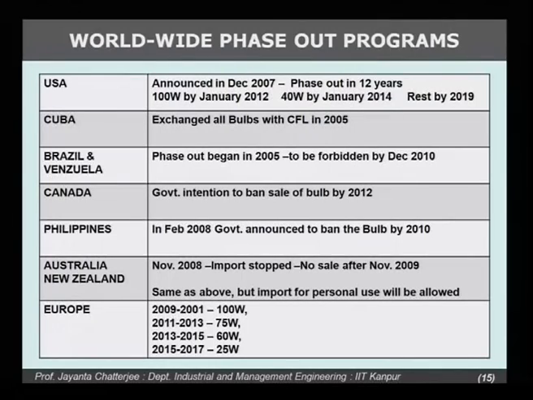Similar regulations exist in Canada, and they are far more drastic. They want to impose a complete ban on the sale of incandescent lamps by 2012.